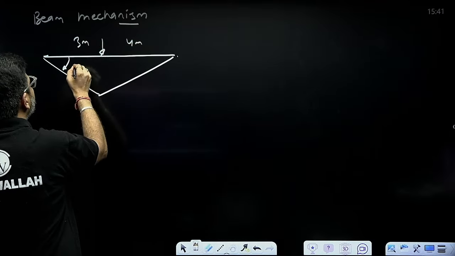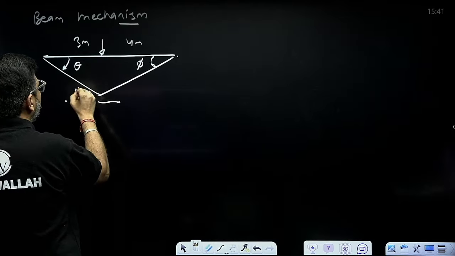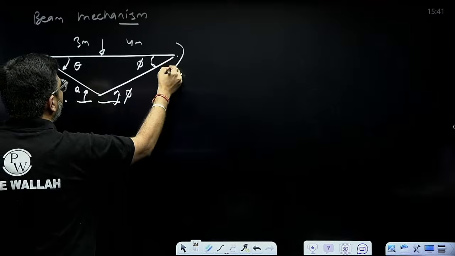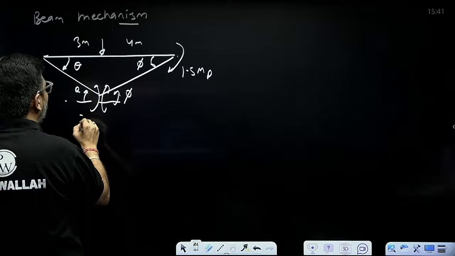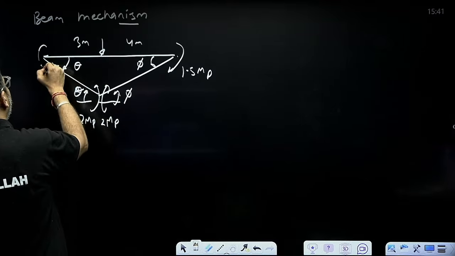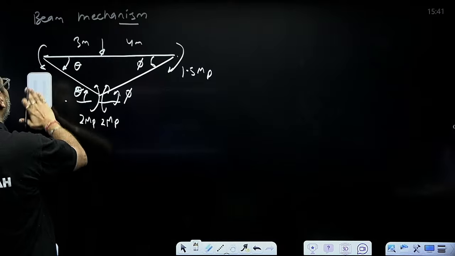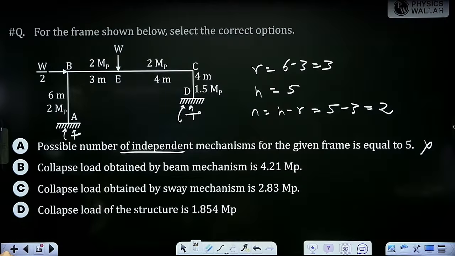If this is theta, this is phi, theta phi, 1.5 MP, 2 MP, and here also 2 MP. This would be my plastic mechanism here.